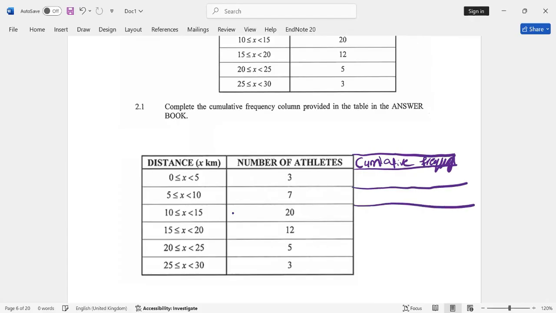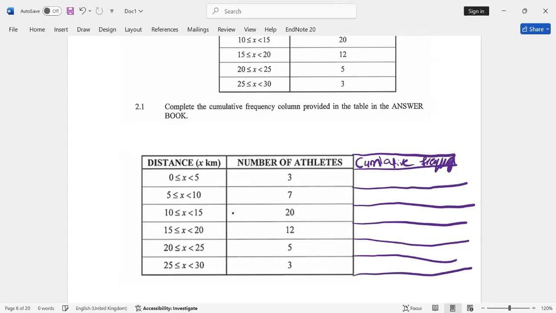So as you can see over there, we have number of athletes. So we have a 3. So I'm saying that the number of frequency, as you know about that, we write it 3. Now I'm taking this 3 plus this 7, we got 10.